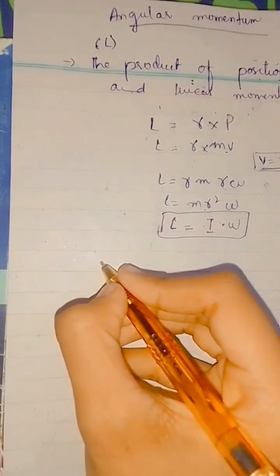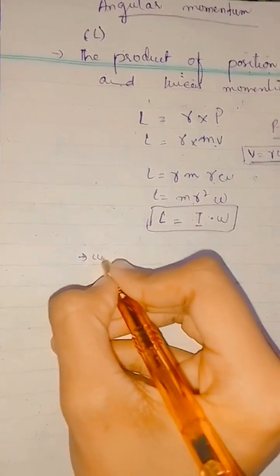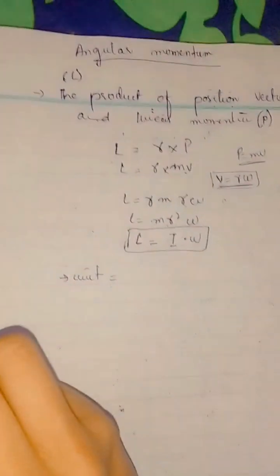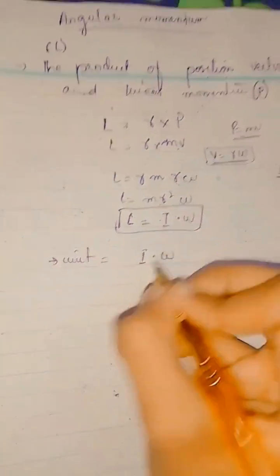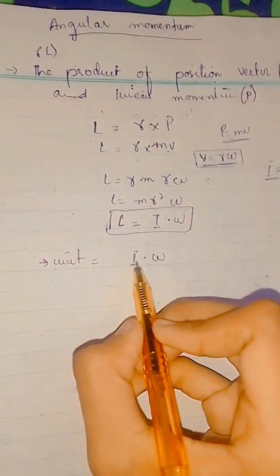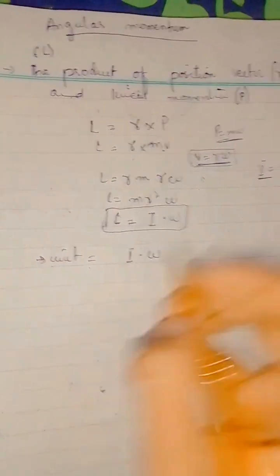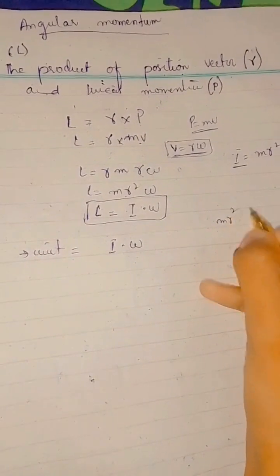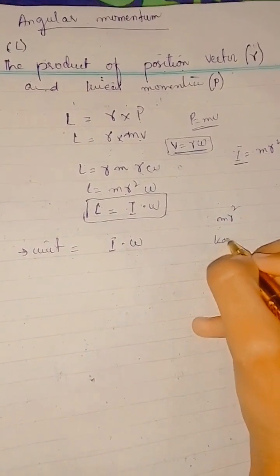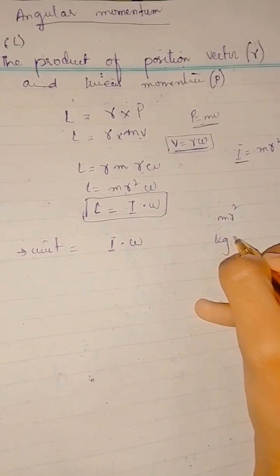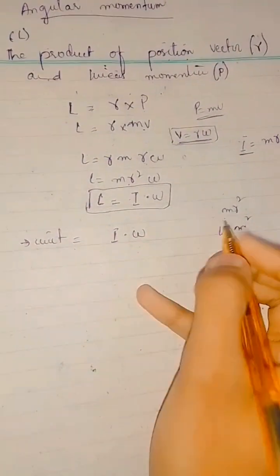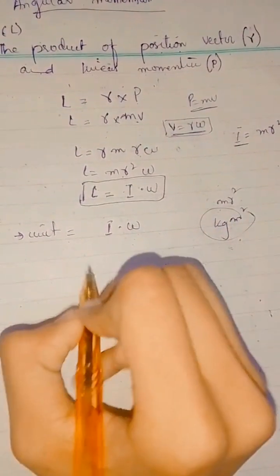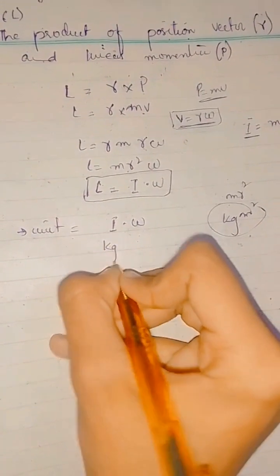Now how can we calculate its unit? The formula is I into omega. What is the unit of moment of inertia? That is m r square. M is in kg, r is in meters, and it is squared, so the unit of moment of inertia is kg meter square.